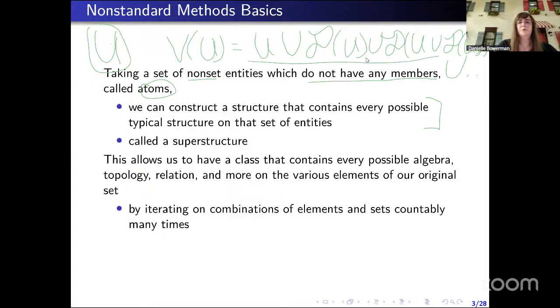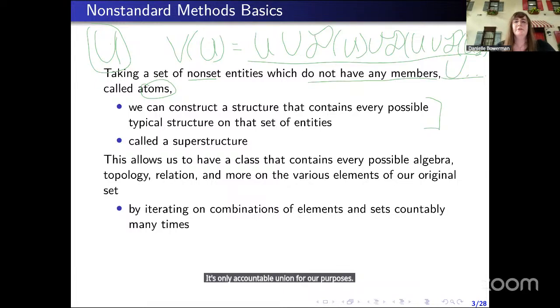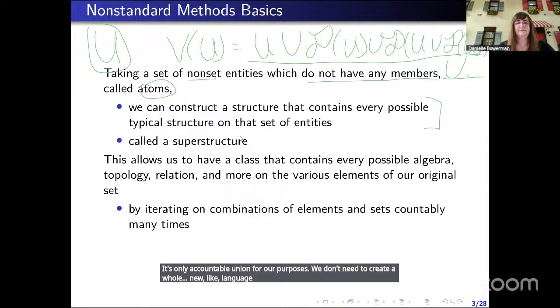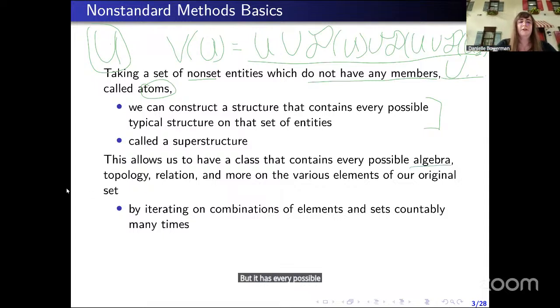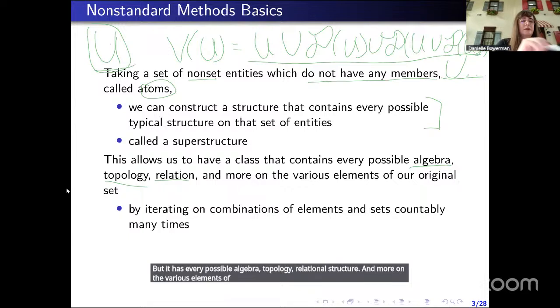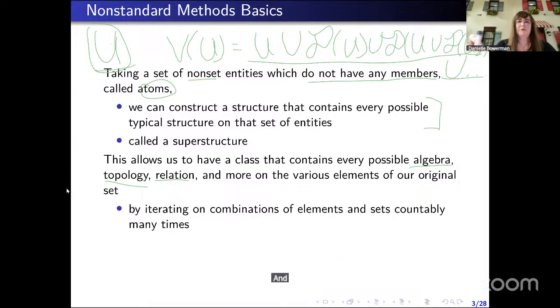So this whole infinite union, it's only a countable union for our purposes. We don't need to create a whole new language or anything. But it has every possible algebra, topology, relational structure, and more on the various elements of our U, and on the sets of U, and on the sets of U, etc.